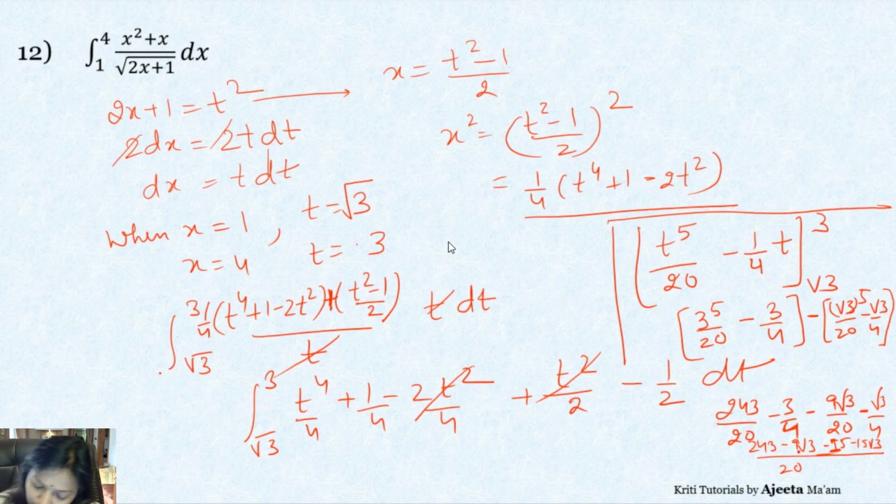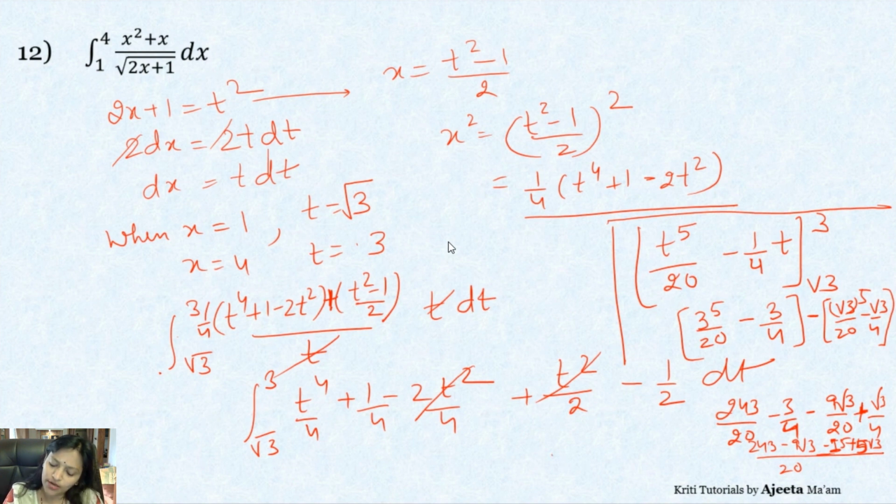So here we get 5, and here 4. Minus minus will become plus. Now 243, and here we get 15.